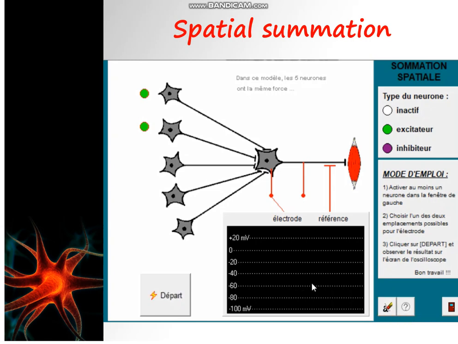When we stimulate two presynaptic neurons, the EPSP recorded is higher, while when we stimulate three presynaptic neurons or more, the membrane potential increases and becomes more than the threshold of depolarization of the postsynaptic neuron and turns into an action potential.